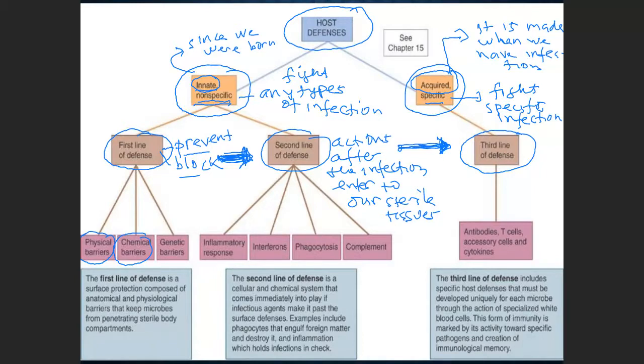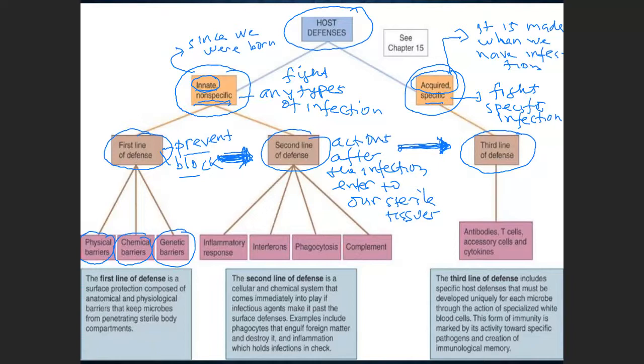Okay, and then the last one for the first line of defense is the genetic barrier, where some people have a special gene that helps them protect against some diseases. For example, people that live in malaria belts in Africa have a special gene that protects them against malaria. If this gene is present, then they will be protected. If it is not, then they will not be protected.